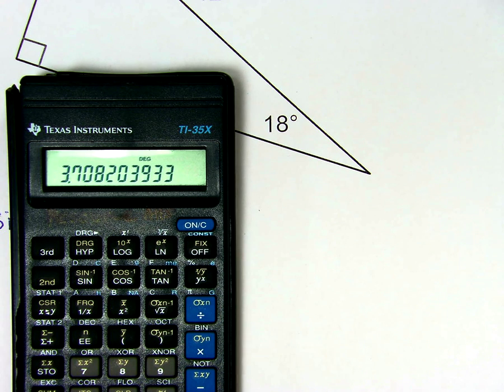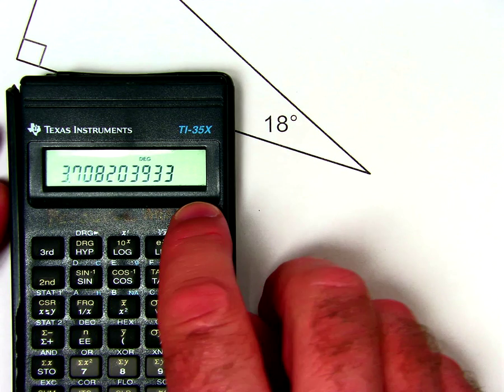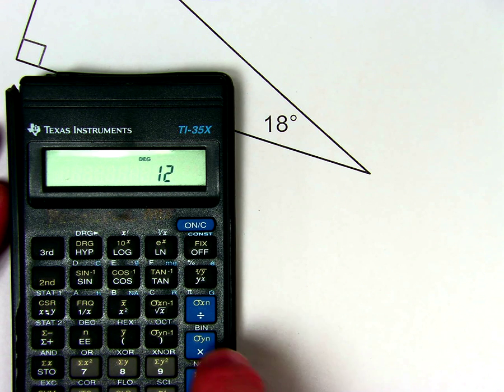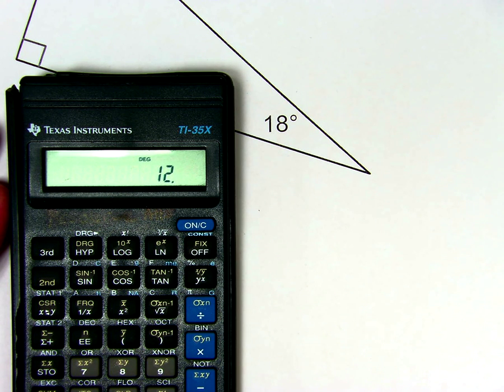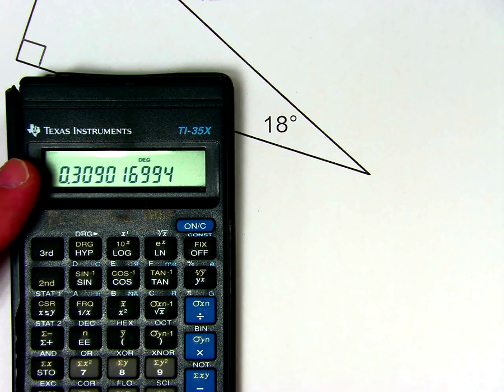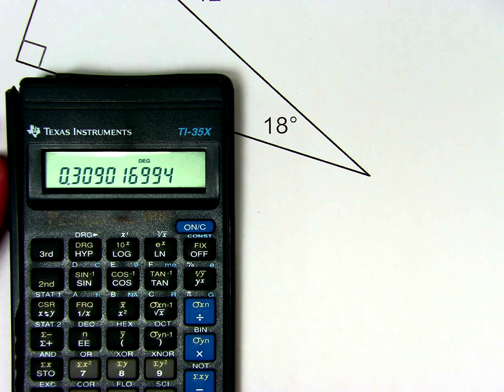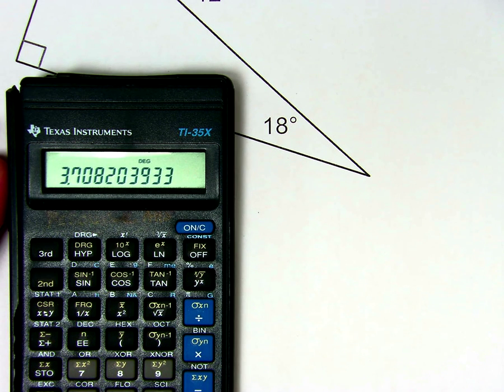And we see we get that same value. Let's repeat that one. 12 times 18, and then the sine. Now notice that's only the sine of 18 degrees. We still have to tell the calculator to do the multiplication, so then I hit equals or enter.